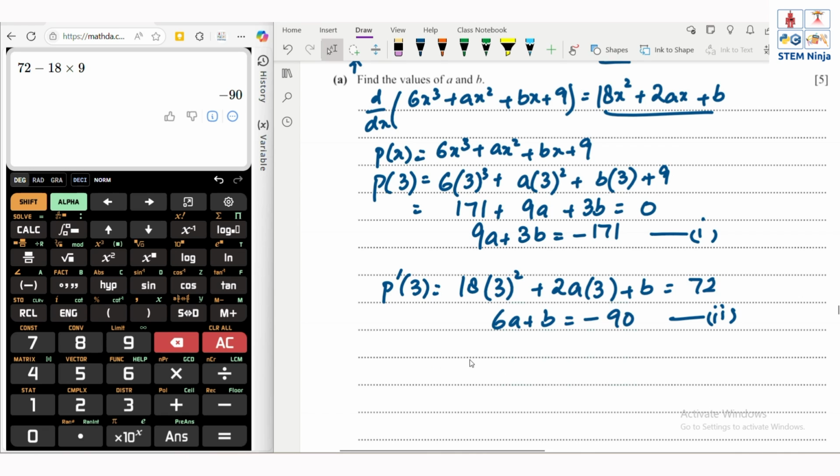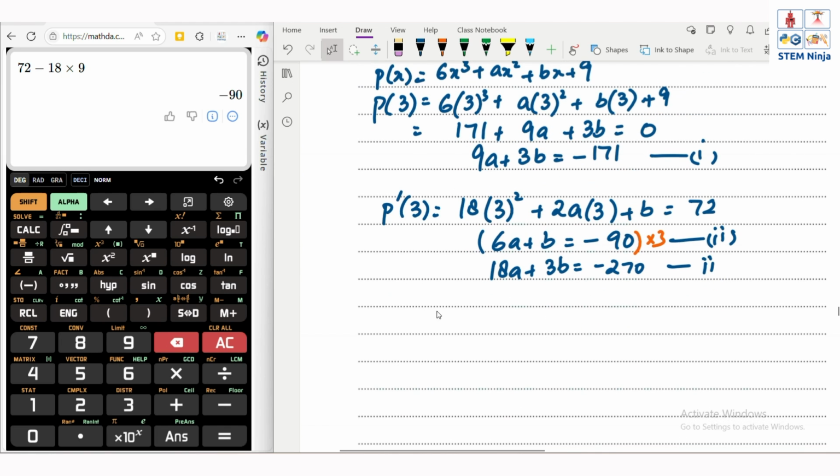So we combine these two. What we can do is we can times this by 3, making it 18a plus 3b equals minus 270, and then we have 9a plus 3b equals minus 171.